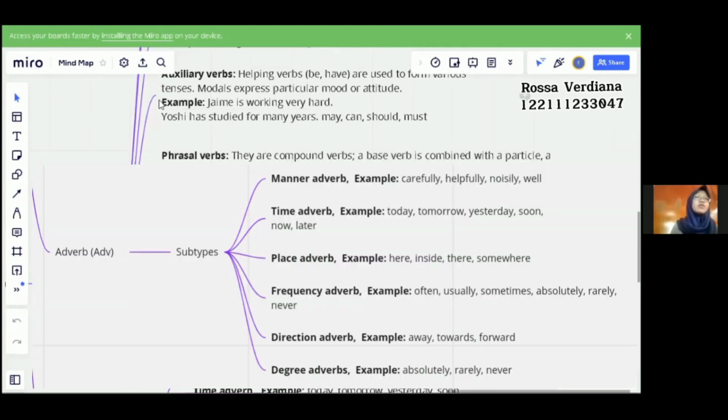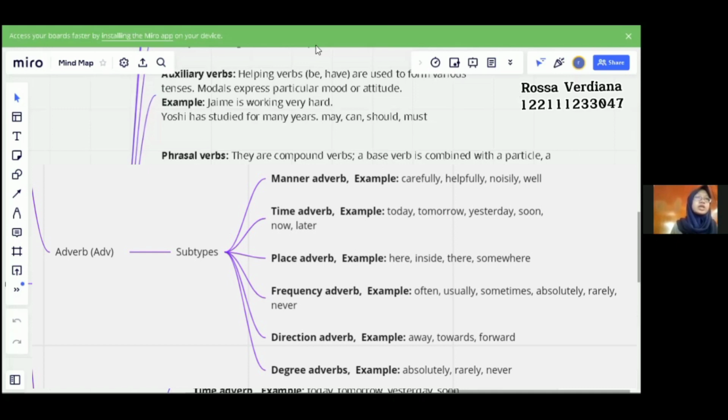Next is adverb. Adverbs modify verbs, adjectives, or other adverbs. Like adjectives, certain adverbs can have positive, comparative, and superlative degrees. The subtypes of adverbs are, first, manner adverbs. Examples: carefully, helpfully, noisily, well. Second is time adverbs. Examples are today, tomorrow, yesterday, soon, now, later.